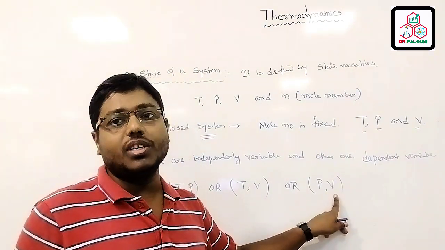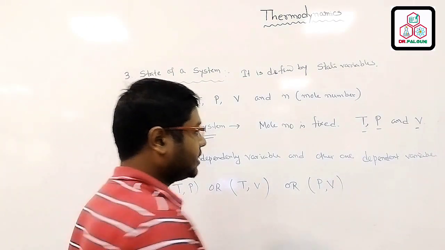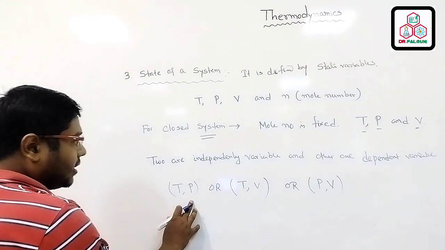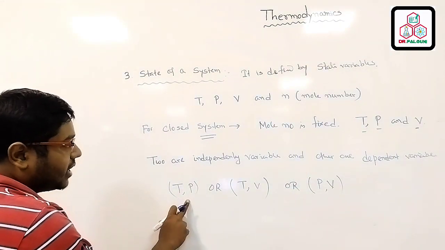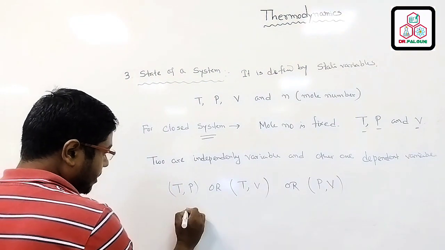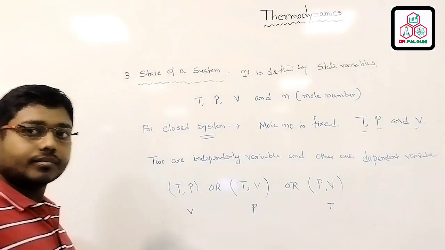If you change these two independent variables, the third one automatically changes. So here the dependent variable is V, here pressure, here temperature.